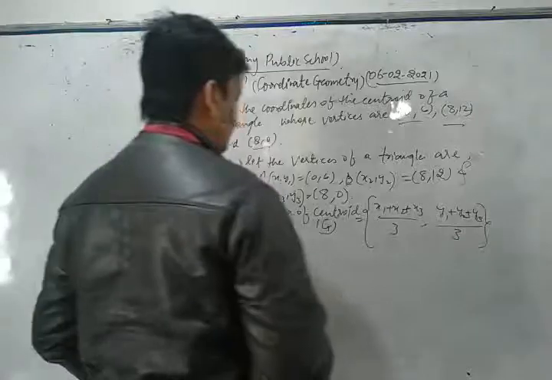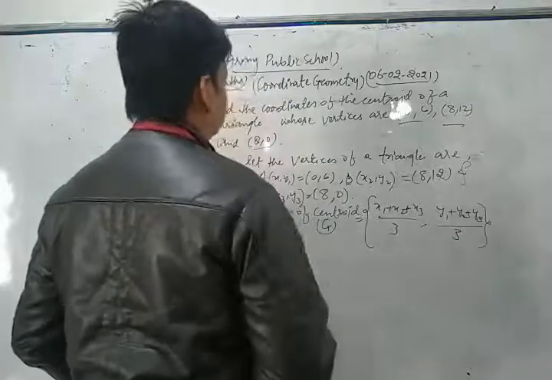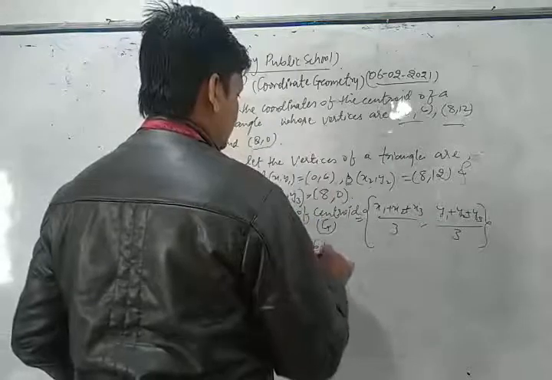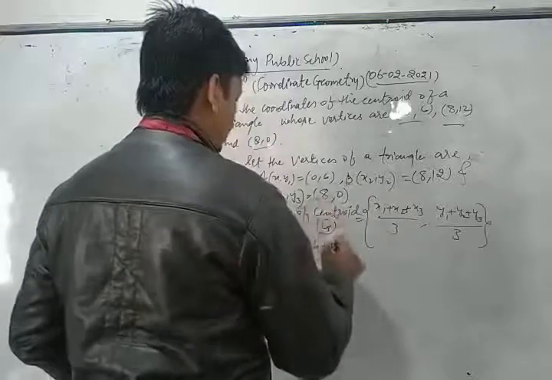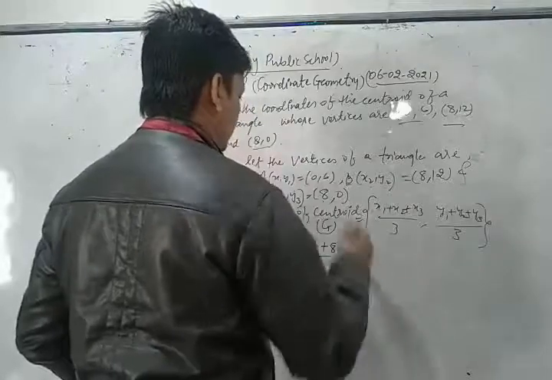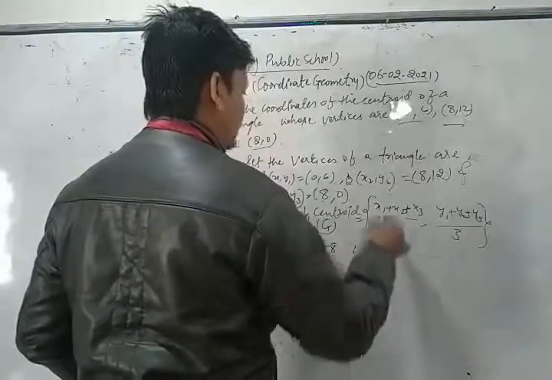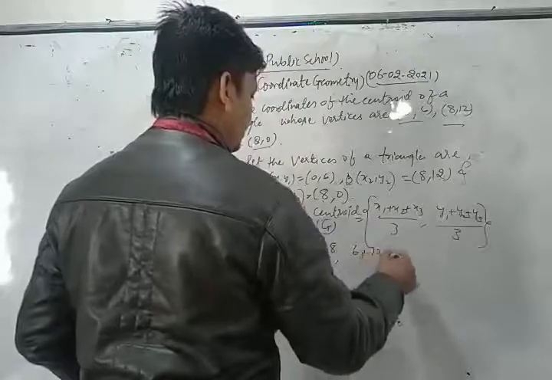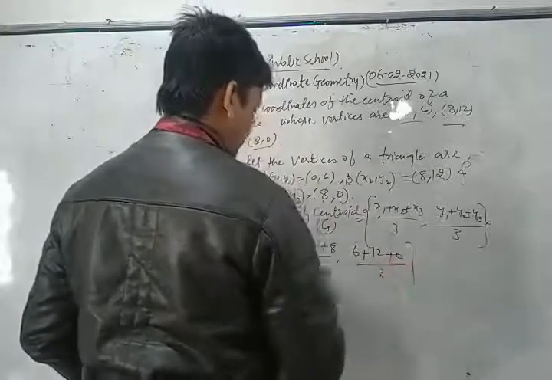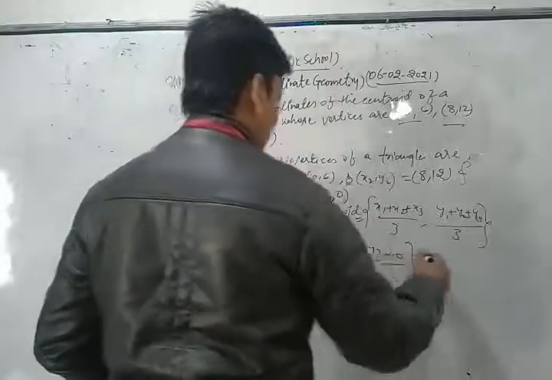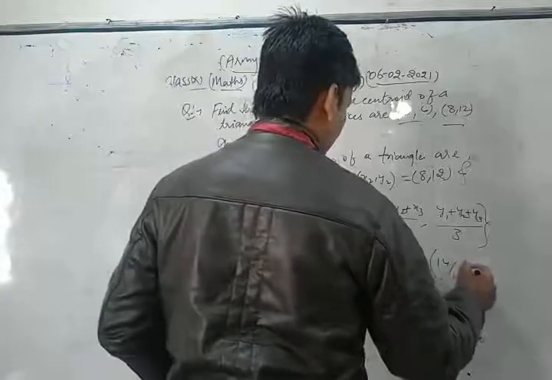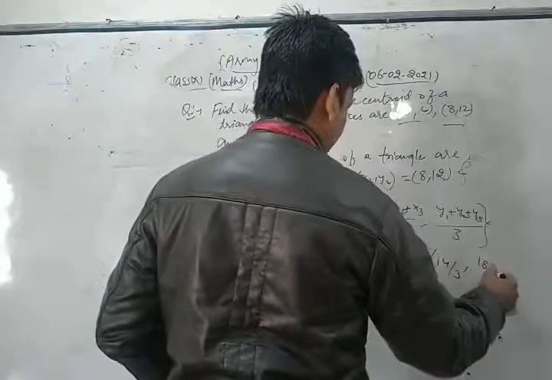So we get x1 is 0 plus x2 is 6 plus x3 is 8 upon 3, comma, y1 is 6 plus y2 is 12 plus y3 is 0 upon 3. So we get 14 upon 3 comma 18 upon 3.